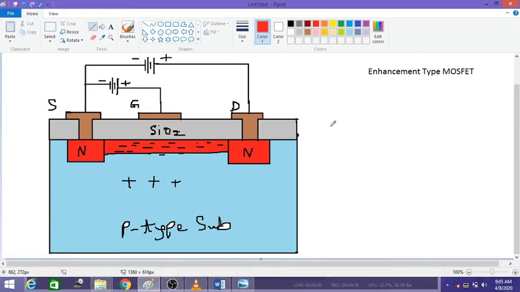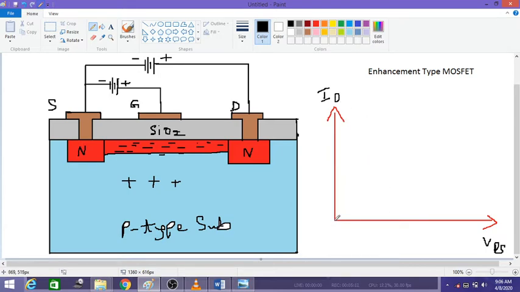If you look into the characteristic graph of this, this is our VDS and this is our ID.